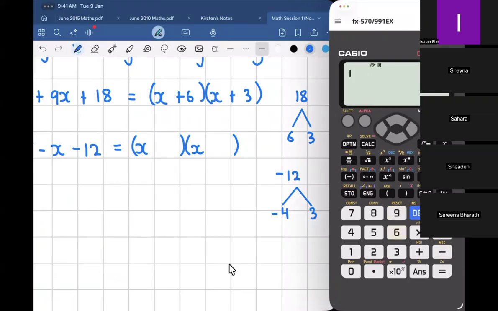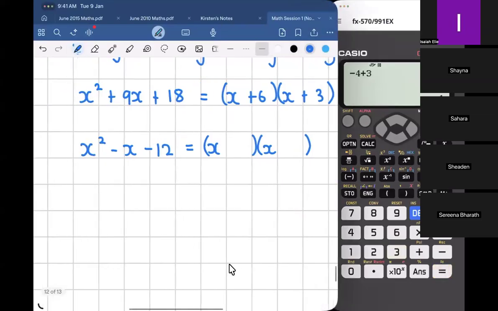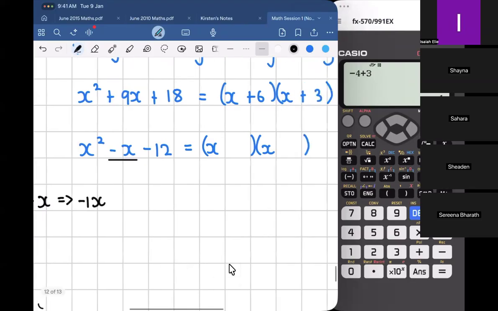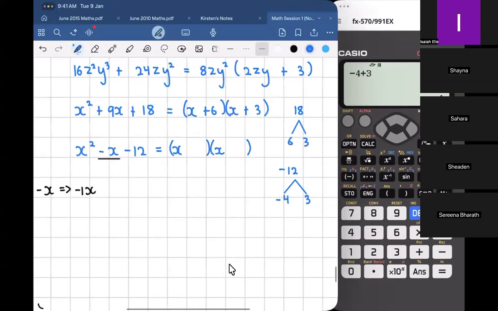Right, -4 + 3 gives us -1. And for those of you confused about where I'm getting -1 from, Shayna, explain to them. If you have minus x, isn't that the same thing as -1x? Yes. So it's going to be x minus 4, x plus 3.